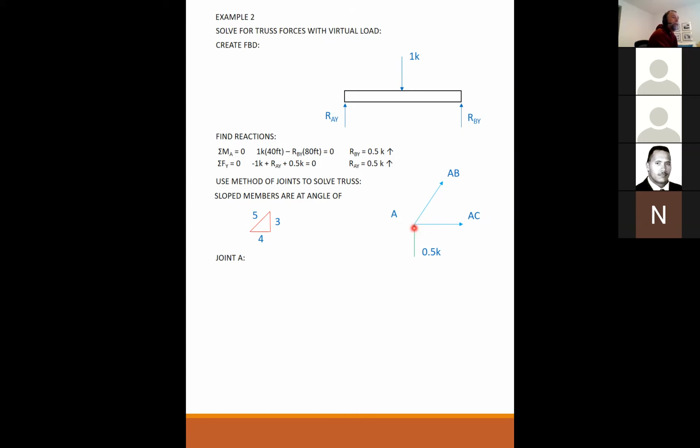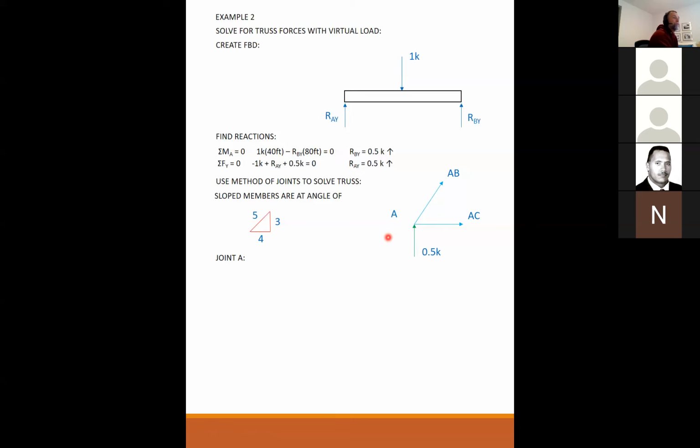So here is member AB going away at a 3, 4, 5 triangle angle, and AC is horizontal, and my reaction was 0.5 kip. Trusses are pinned at all ends, so there are no moments. So I can't sum my moments. That doesn't get me anything because they're all 0.